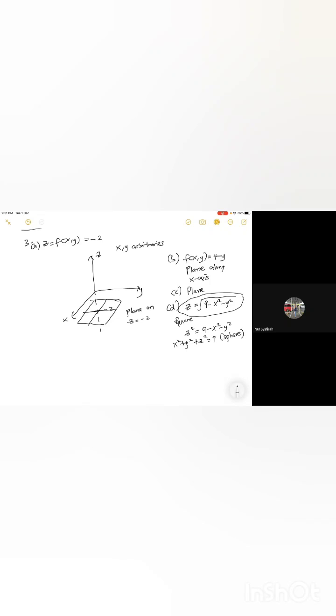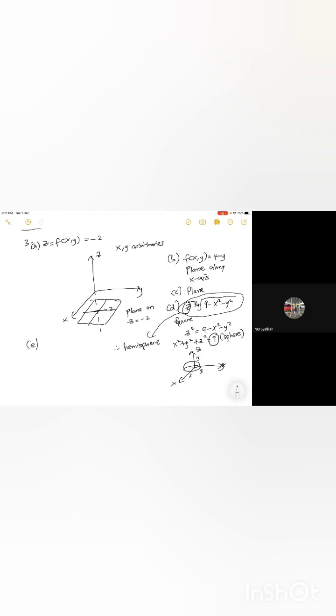So this must be a hemisphere. Okay, which half? You look back at the axis. So this is z and the square root is positive, so it is on the positive z axis. Something like this, okay? And the radius is equal to 3. Why 3? Because you have 9 here, so the square root of 9 is 3.